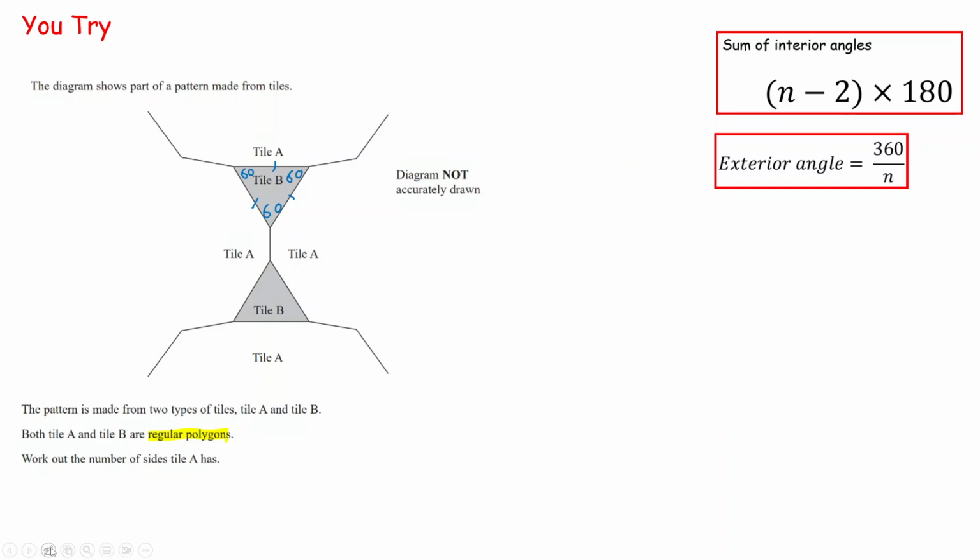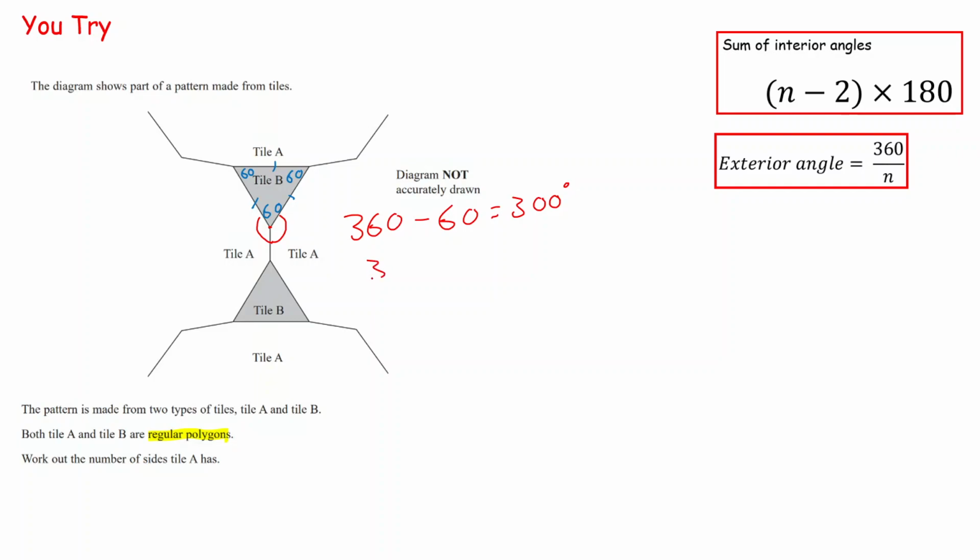Now, what I can also do is say this angle here and this angle here must be exactly the same. And angles around a point add to 360. So I can say that 360, take away this angle here, 60, is equal to 300 degrees. And that's being split between these two here because they're the same.